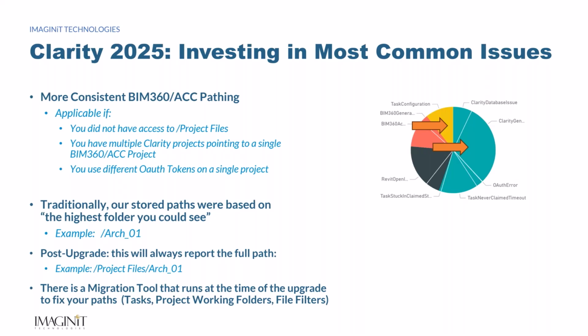it's the mechanical folder. Historically, Clarity has just said, okay, well, all of the paths for those files that we see in there are all just /mechanical /whatever. But we would get into trouble sometimes, especially if later you were changed so that you could see project files, or maybe you've got multiple OAuths and one of them can see project files and one of them can't.